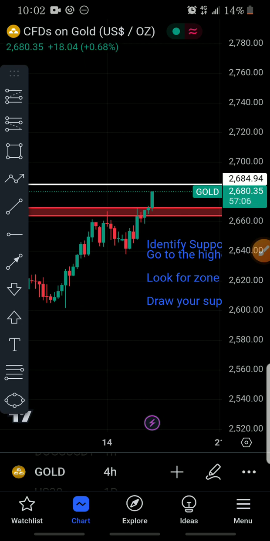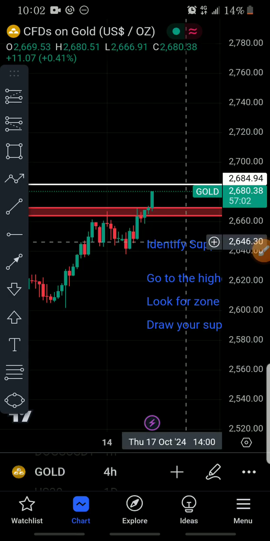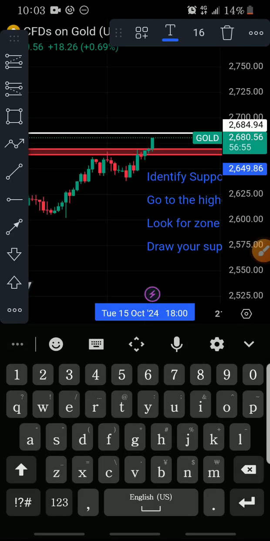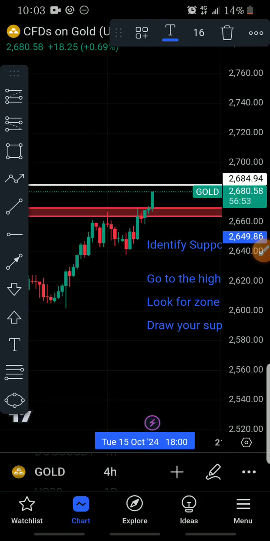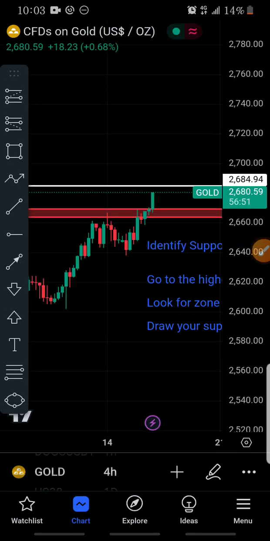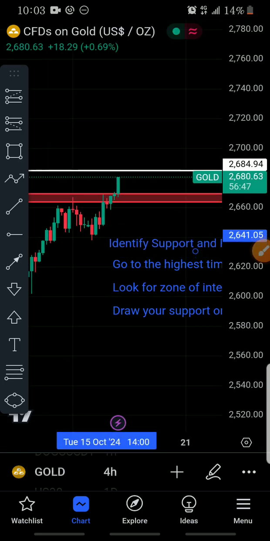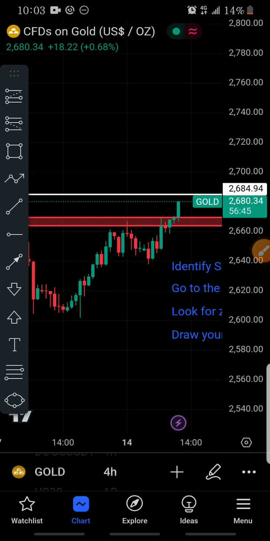So if you're a beginner trader, what should you do? If you're a beginner trader, what you should do is change the chart type.